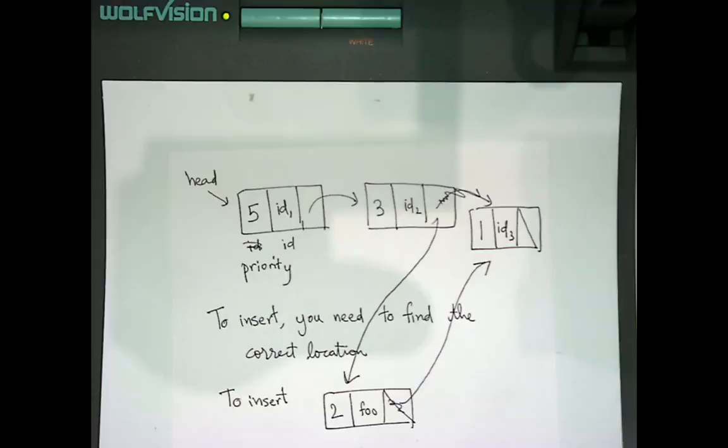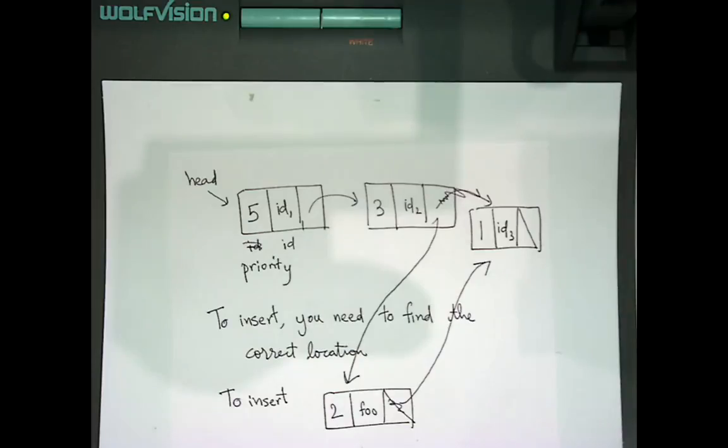Yes? Do you find that a doubly linked list would work a lot better for something, especially as tricky as doing an insert in the middle of it? You can actually, the problem with a doubly linked list is that it doubles the number of pointers that you have to keep track of. Remember, it makes life easy, but it also makes life equally difficult for all the operations you have.